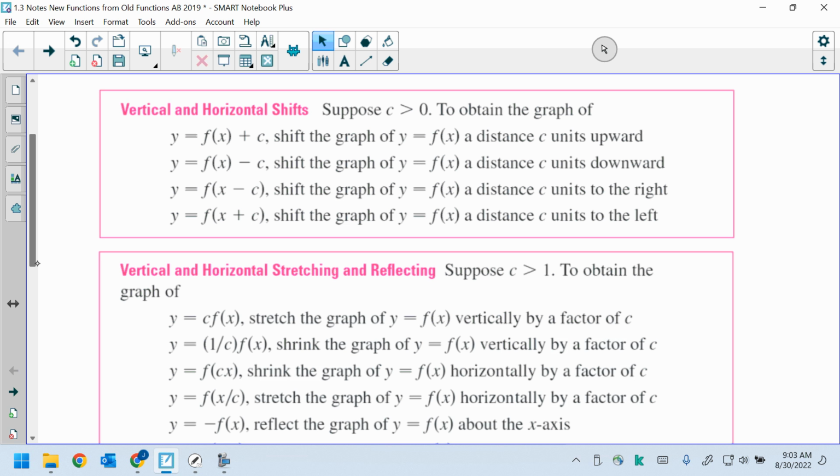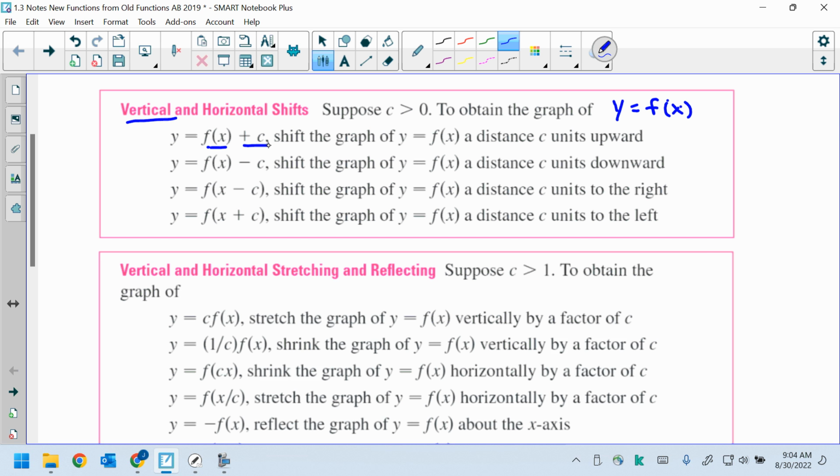Now we got vertical and horizontal shifts. And if we're going to do a vertical shift where we start out with some function which is y is equal to f of x, if we want to move the graph of this function up a certain number of units, then we just take this f of x and we add something to it.